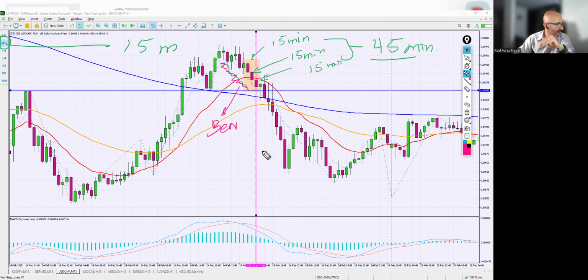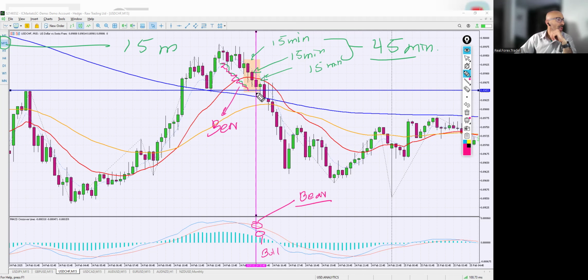And here I can spot that the second line of the MACD, this one is my bear line, is above the bull line. It means it's a nice indication to go short, okay? So somehow the MACD is confirming the trend.